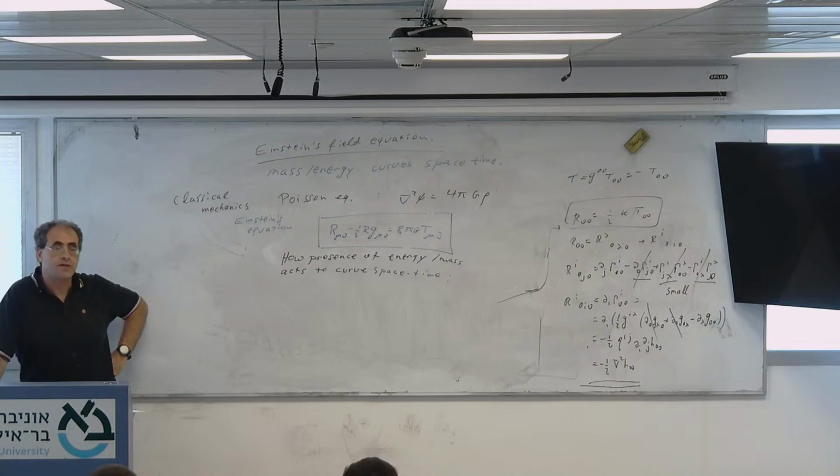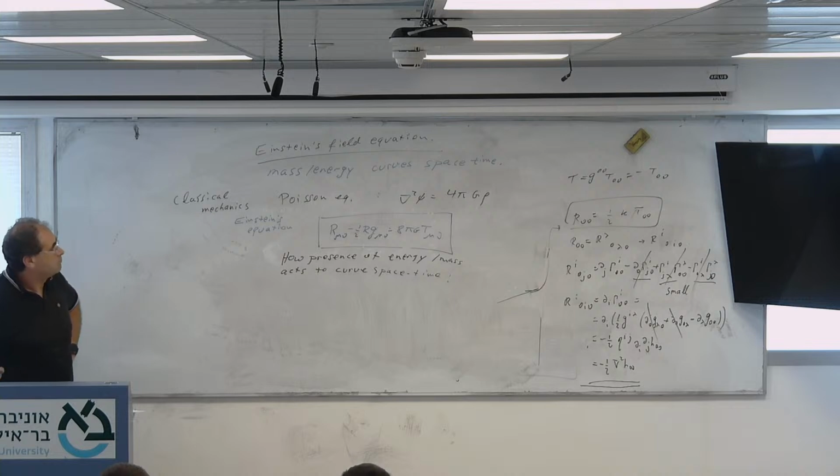Question. How does this equation change if you go from 4 dimensions to 3 or 2 dimensions? I need to think of an answer because I never thought of that in 2 or 3 dimensions.